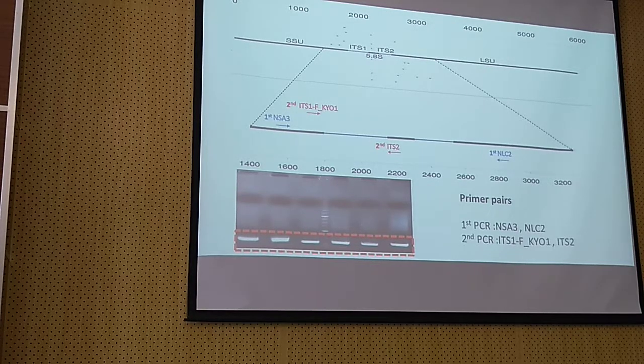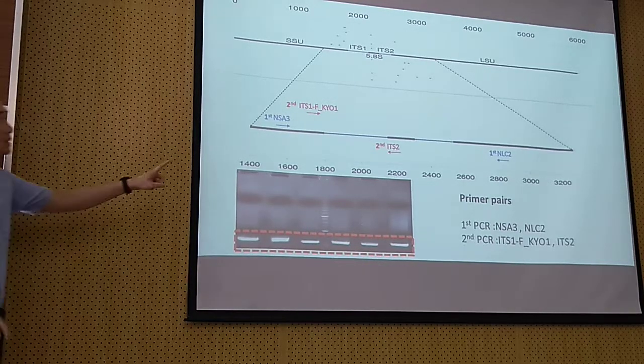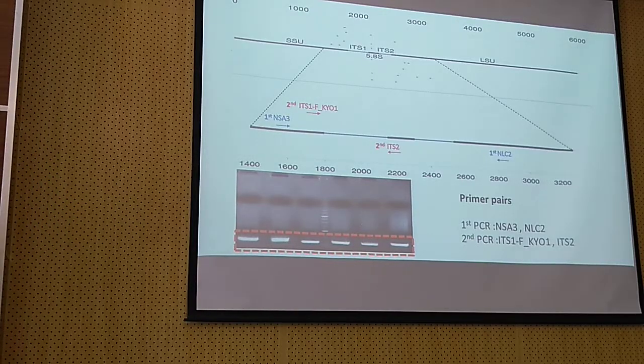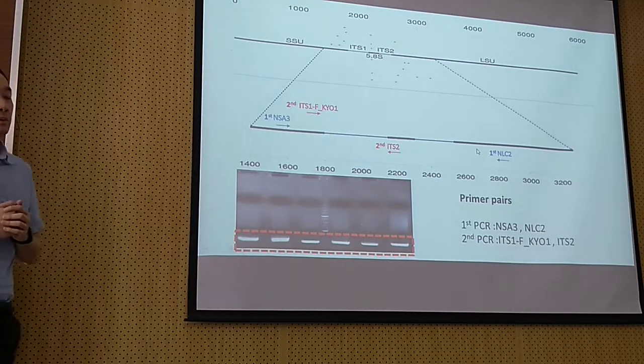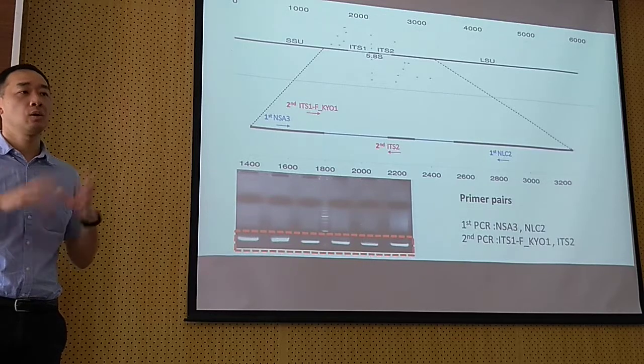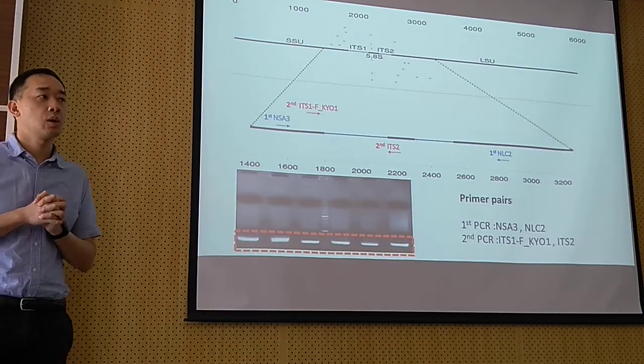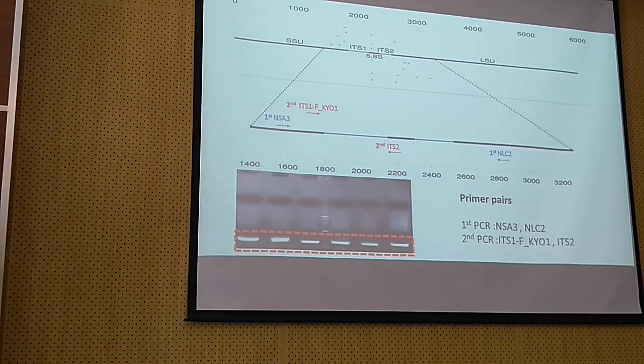We have actually sequenced the product amplified by these two primers, but the organisms that we have are not a lot of fungi. So we thought we would use an internal primer more specific to fungi to see whether we get more fungal sequences. That's why we use this nested PCR approach.